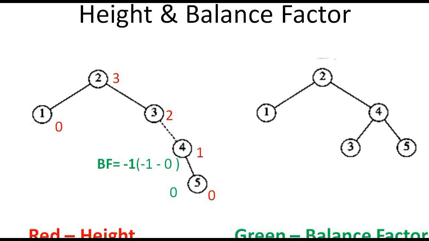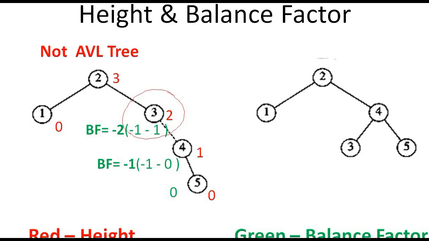The height of the right subtree is 0, so -1 - 0, the balance factor is -1. Then the balance factor of node 3 is -2. There is no left subtree, so I am considering it as -1. The height of the right subtree, that is 4, is 1, so -1 - 1, the balance factor is -2. Okay, so here the AVL property is violated.